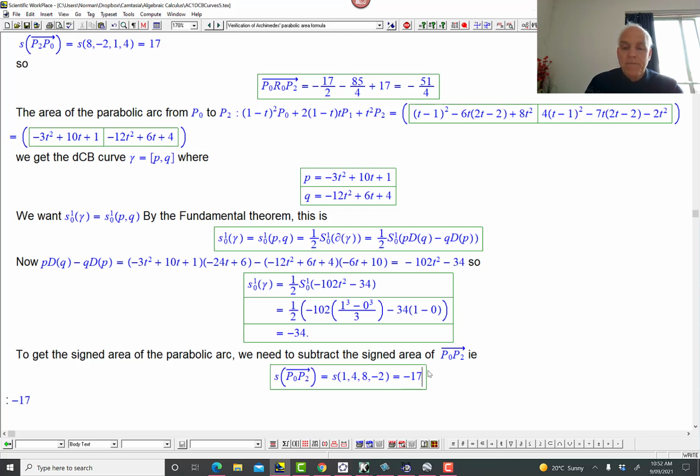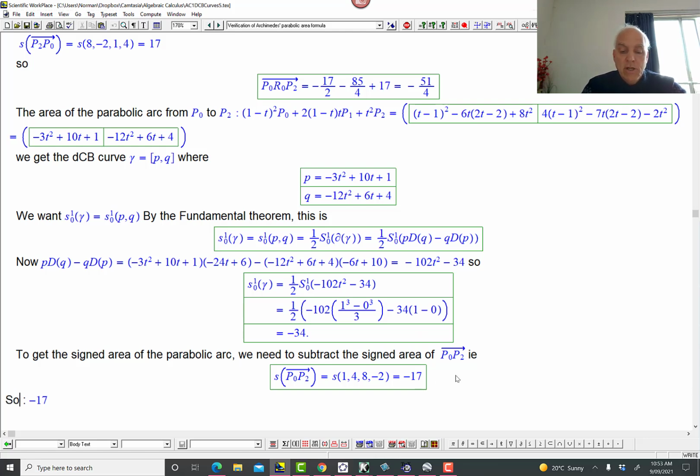In fact, that's obvious from this, because the signed area from P0 to P2 is just the negative of the signed area from P2 to P0. If you change the orientation of the edge, then the signed area negates. We got 17 up here, so it's obvious that we should get minus 17 here.